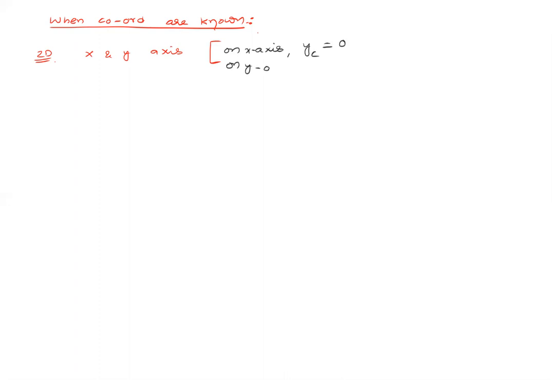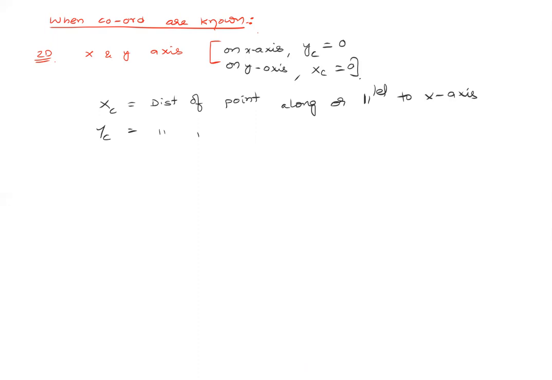On the y axis, the x coordinate will be 0. Your x coordinate is nothing but the distance of the point along or parallel to the x axis, and your y coordinate is the distance of the point along or parallel to the y axis. So what do I mean by this?